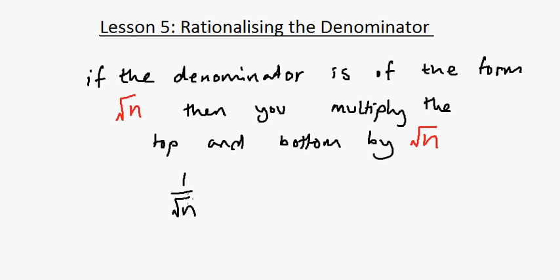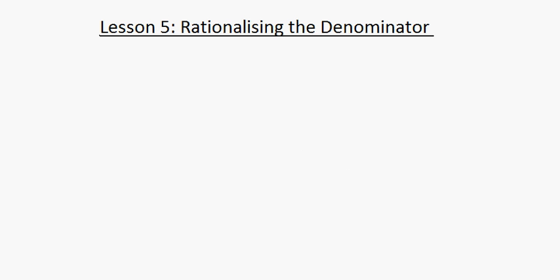You times it by root n over root n, which is 1. And n being any integer, this will be root n over n, because root n times root n is n, and that is rationalizing the denominator.